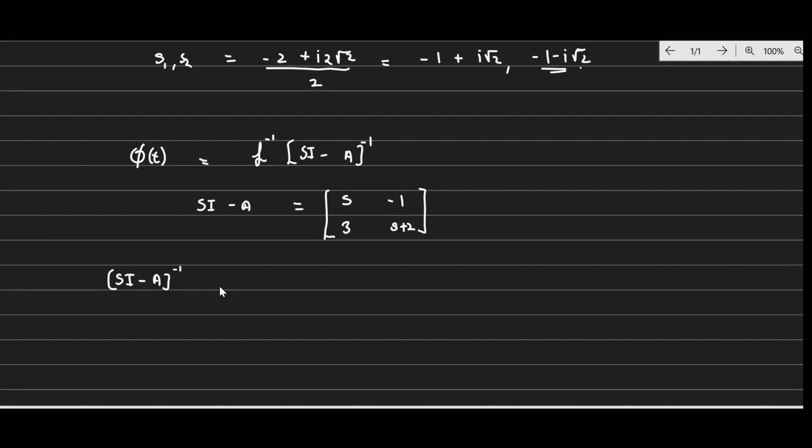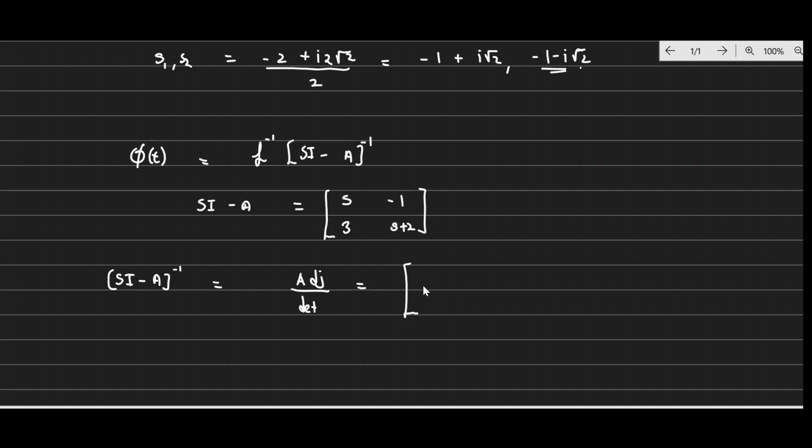The inverse of a 2 by 2 matrix is simply the adjoint of the matrix divided by the determinant of the matrix. The adjoint is the matrix you get when you swap the elements in the major diagonal, and then multiply the elements in the minor diagonal by negative 1.